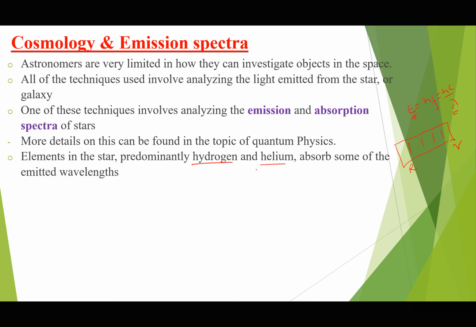So the cooler layers of hydrogen and helium surrounding the star may absorb some of these photons. And I said each photon corresponds to a wavelength. If that photon is absorbed and does not continue on its way to an observer, then the observer will see a darker line corresponding to the position where that photon is supposed to be.